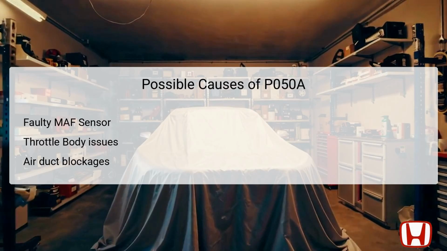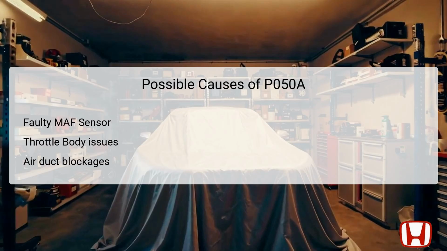One common cause is a faulty mass airflow sensor, which measures the amount of air entering the engine. If this sensor sends incorrect data, the PCM cannot effectively manage airflow. Another probable cause is issues with the throttle body, which controls the airflow into the engine. An obstruction or malfunction here can trigger P050A.